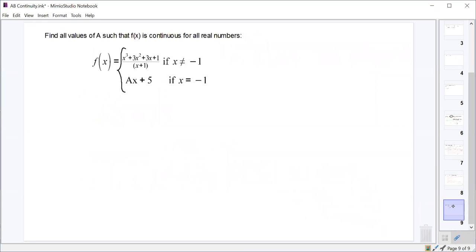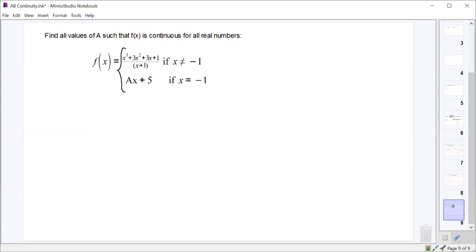All right. Next thing we're going to do is see if we can take this piecewise defined function and find a value or multiple values perhaps for a so that it's continuous for all real numbers.